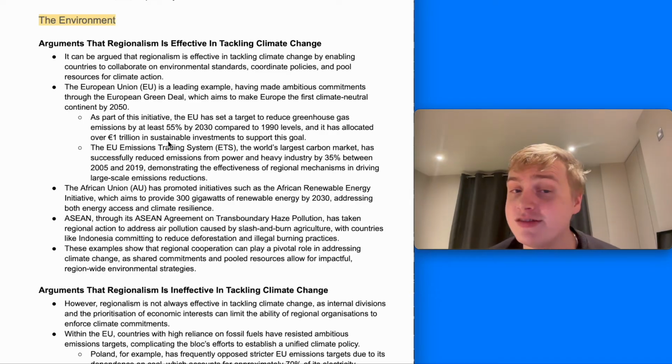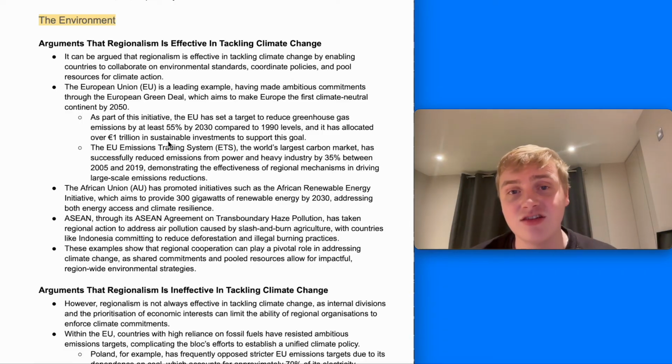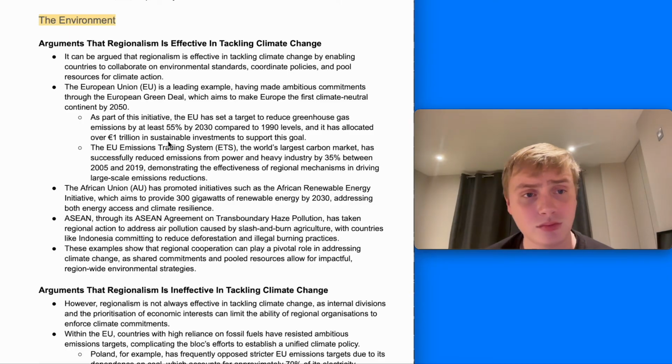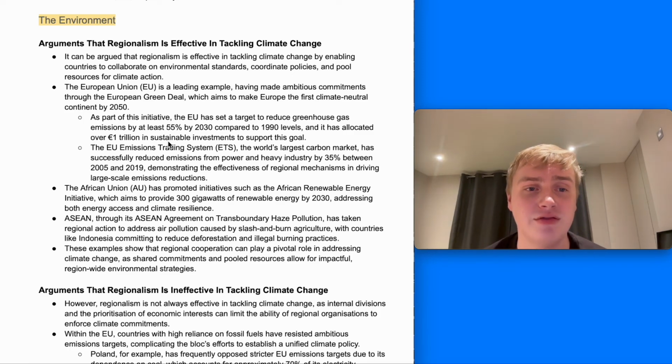On the one hand, regionalism can be seen as being really effective in tackling climate change through collaboration on environmental standards and coordinated policies. The EU is a leading example of this, making really ambitious commitments through the European Green New Deal, which aims to make Europe the first climate neutral continent by 2050.